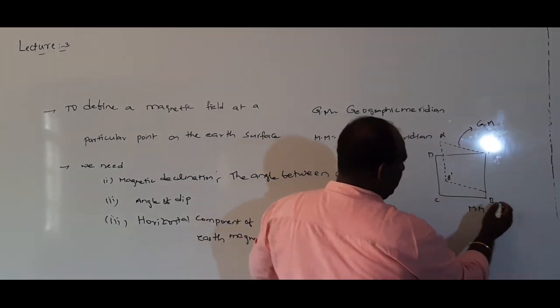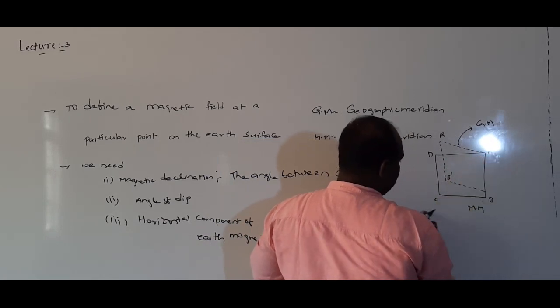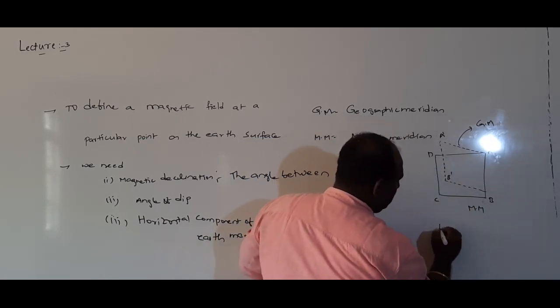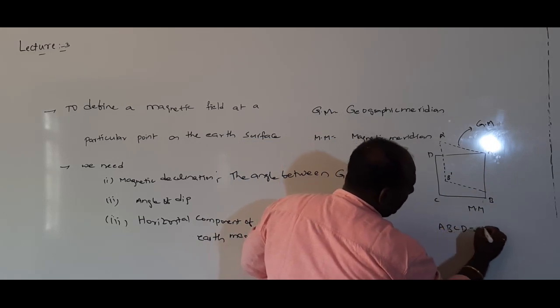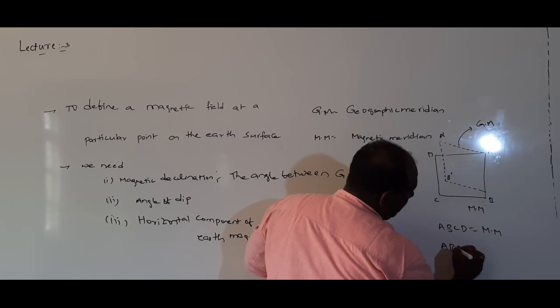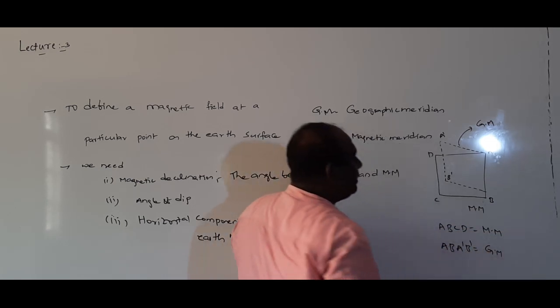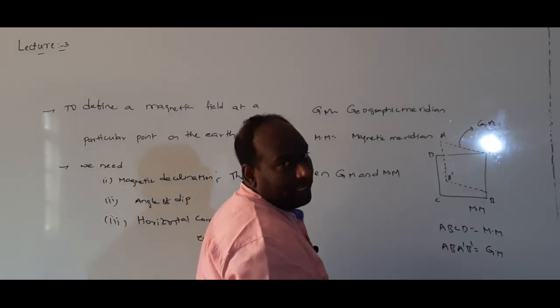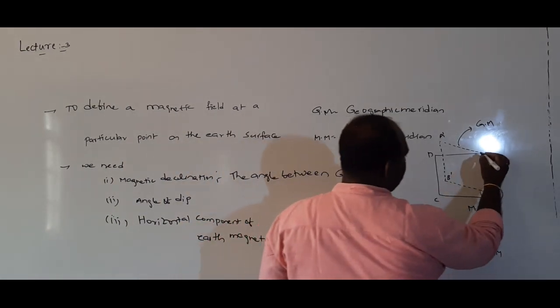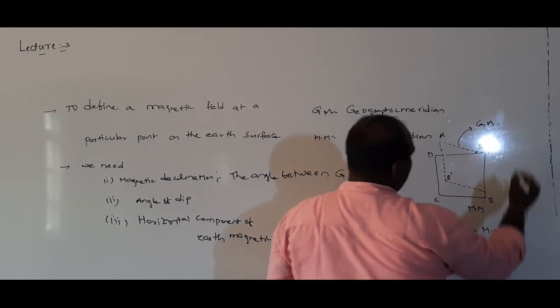The plane ABCD is the magnetic meridian, and A'B' is the geometric meridian. The angle between the magnetic meridian and geometric meridian is known as the angle of declination. This is theta.